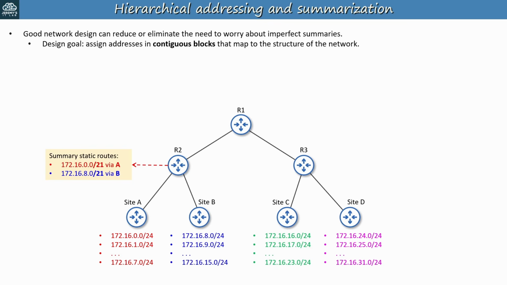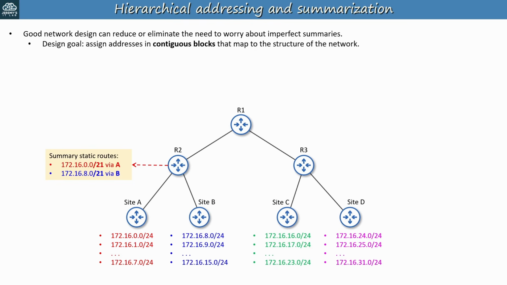These are both perfect summaries, including all of the subnets of sites A and B without extra addresses.